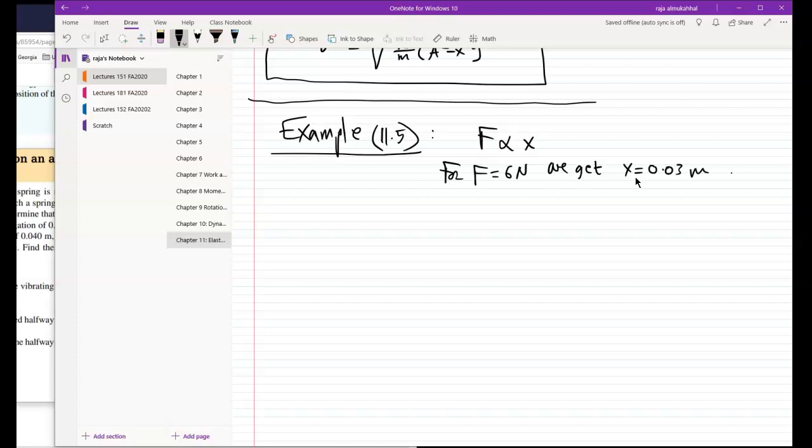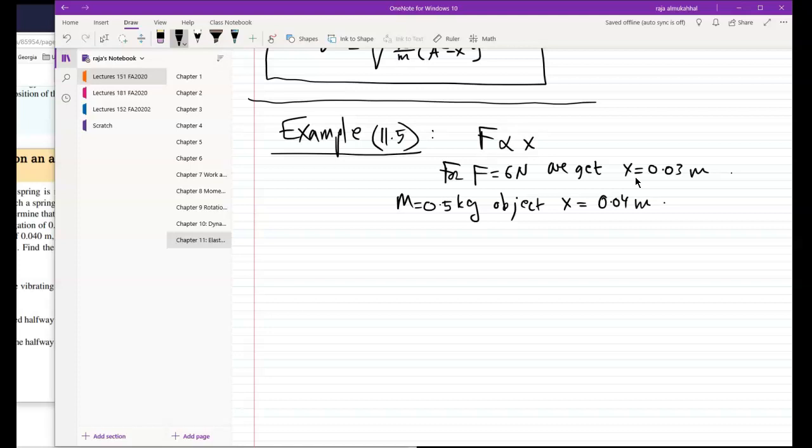Okay, this is given to us. And then he said we remove the spring balance, replace it with a 0.5 kilogram object, and then pull a displacement of 0.04 meters, then release and watch it oscillate in SHM.